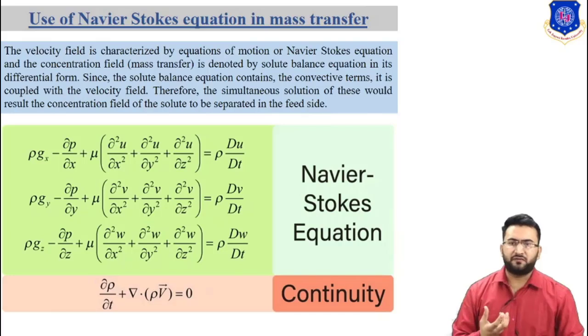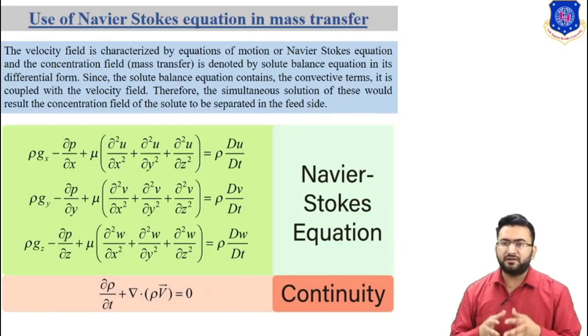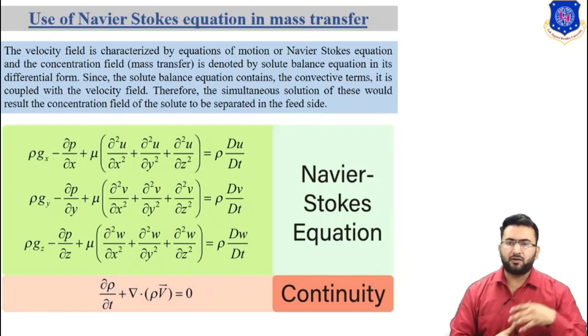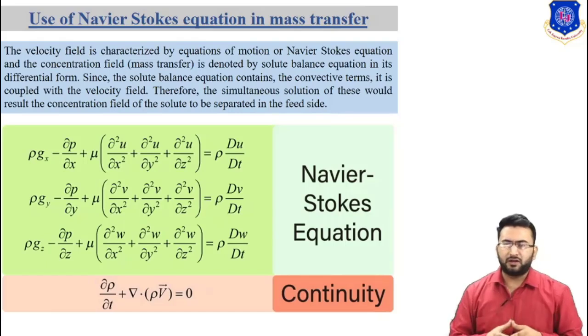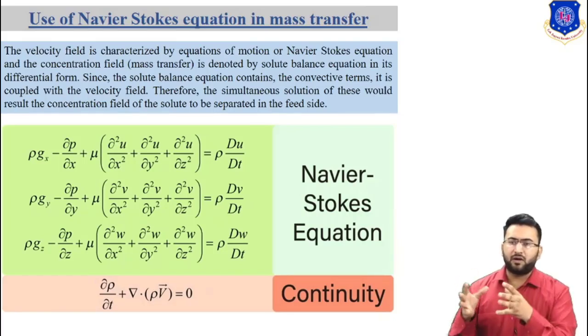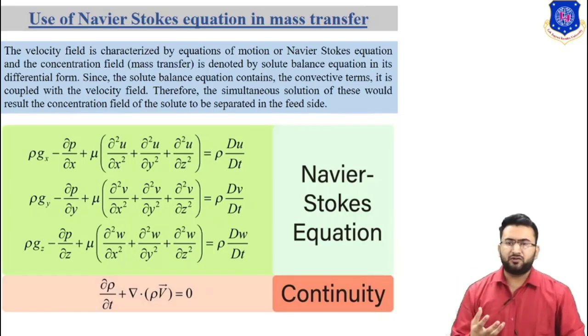After the concentration field, it is evaluated at the interface, and its value in the other phase is evaluated by using the equilibrium relation or transport law through the interface. The bulk convective profile of the target in one phase is then obtained by the simultaneous solution of velocity and concentration fields in this phase. So this is all about the Navier-Stokes equation.